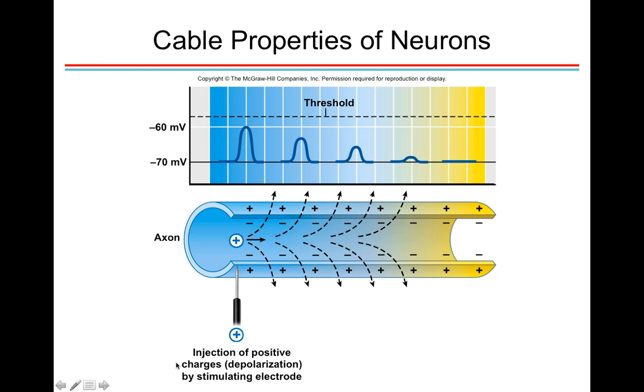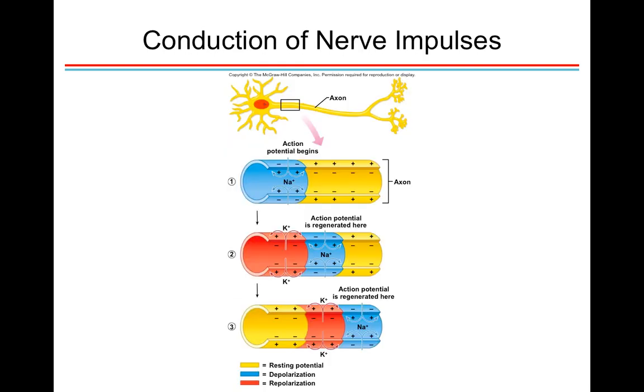And what they're showing down here is you can do this experimentally by taking an electrode and putting in positive charges. And those experiments are really important for helping us understand how nerve cells function. So I want to show you, again, a little bit more clearly how an action potential can travel down an axon.